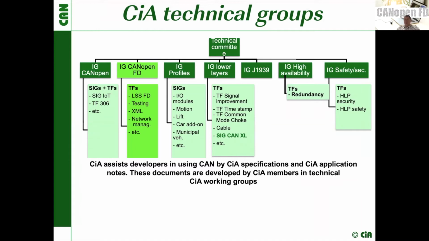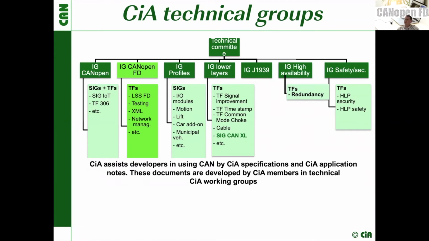So the activities of CAN Automation are steered by two steering committees, the technical committee and the business committee. The technical committee says, where is CAN Automation going to standardize something? Maybe initiating some standardization projects or accompanying and hosting them.